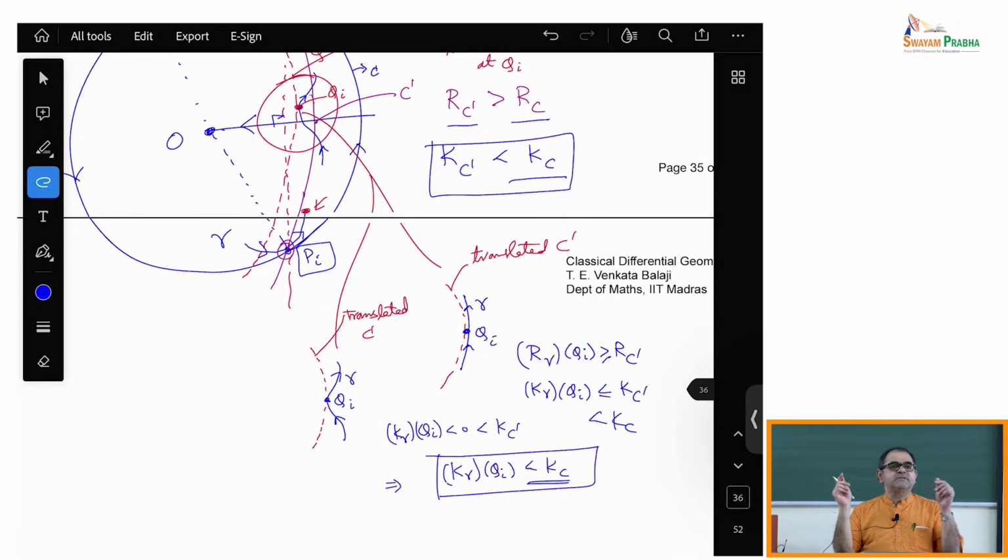The rest of the proof is essentially that, let us say, there are n such p's where gamma hits the enclosing circle C, and mind you that n is at least 2. Okay, and then between any 2 p's there is a q, so you will also get n such q's.